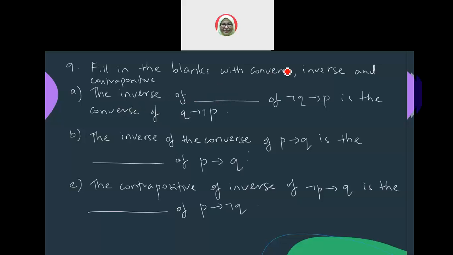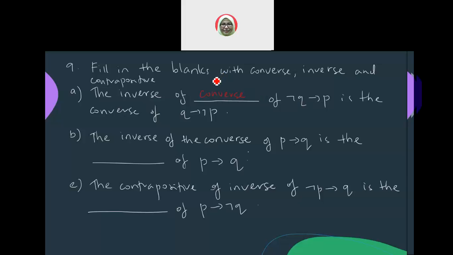Okay, let's try converse first. If you put here converse, the inverse of converse of this. Yes, this is true. So get the converse of this one.